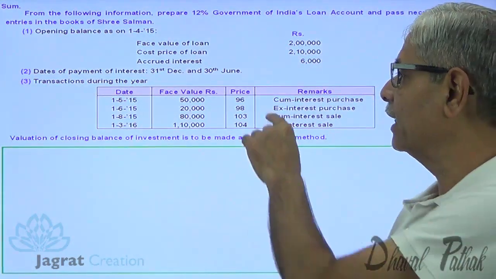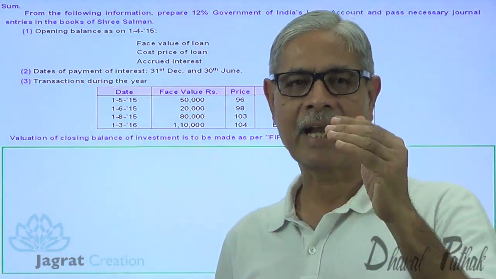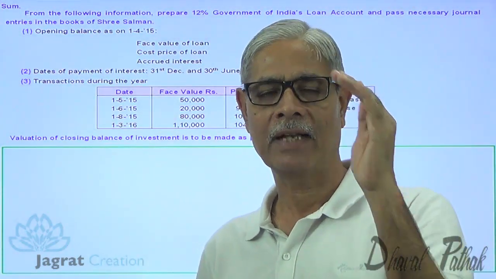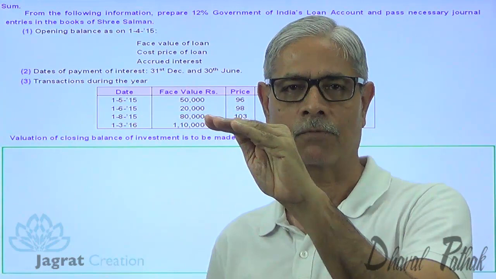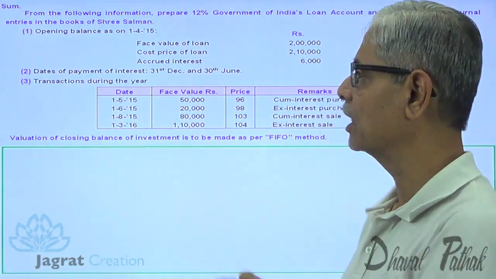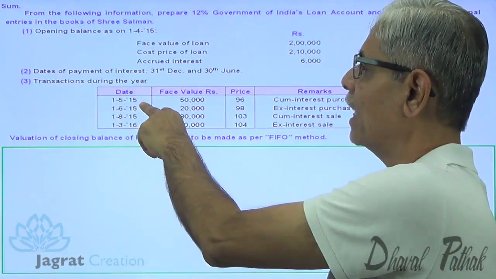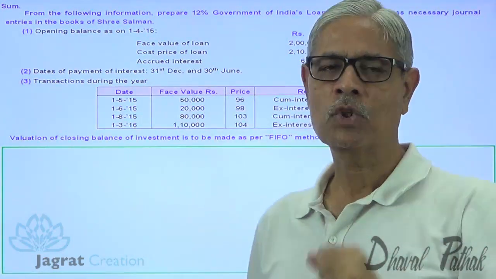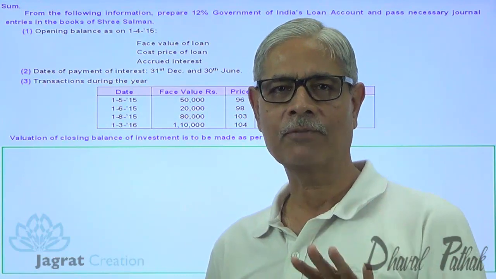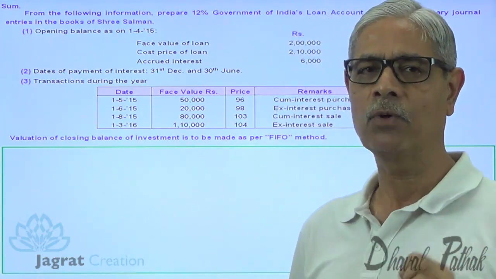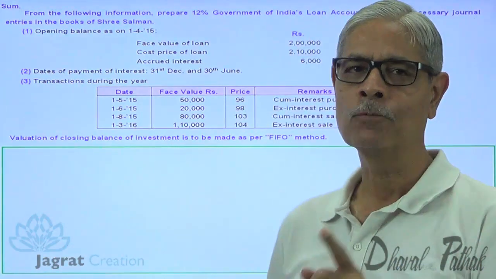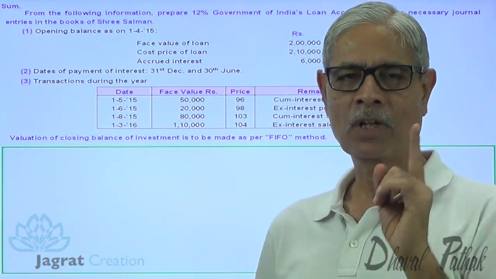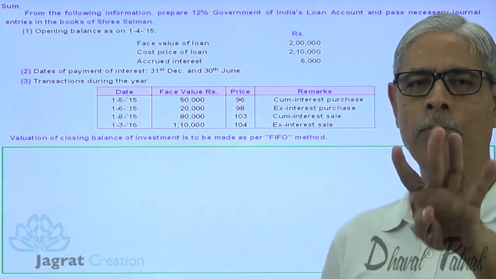The interest element included in 96 is from the last date of interest till the date of transaction. On 1st of May, the last date of interest was 31st of December. So how many months have gone thereafter? 4 months. So 4 months interest, 4 rupees, is a part of this 96. So 96 is a cum-interest price, which includes 4 rupees interest element.